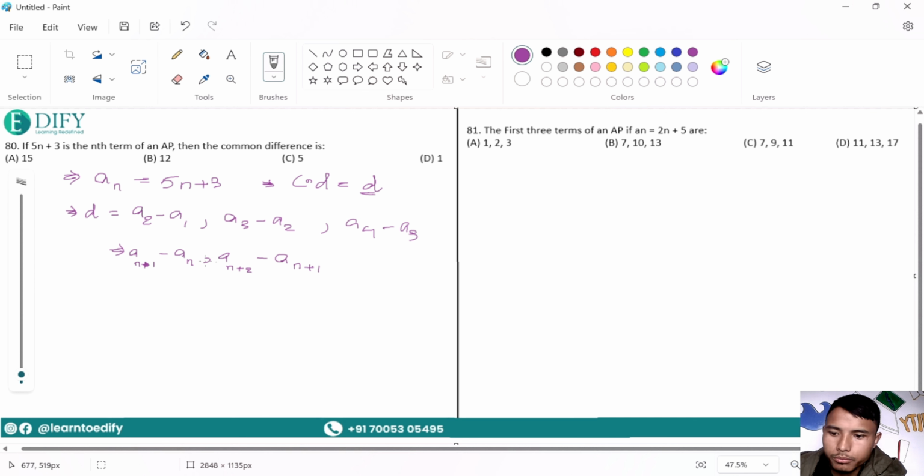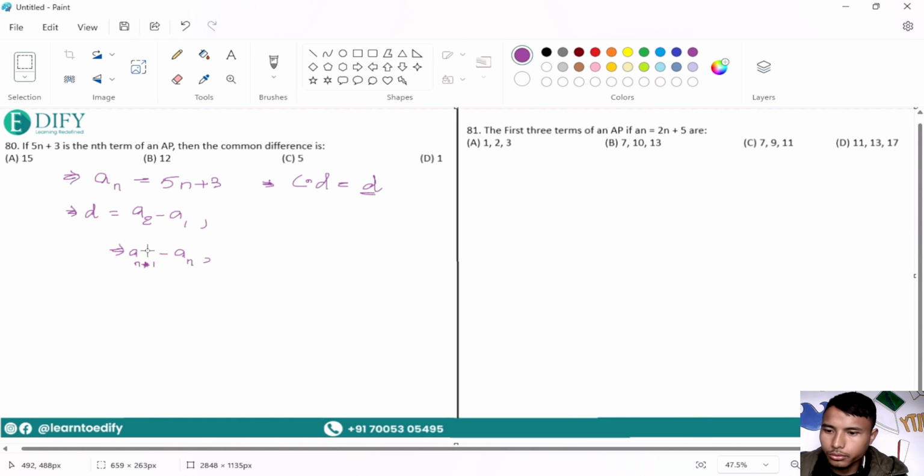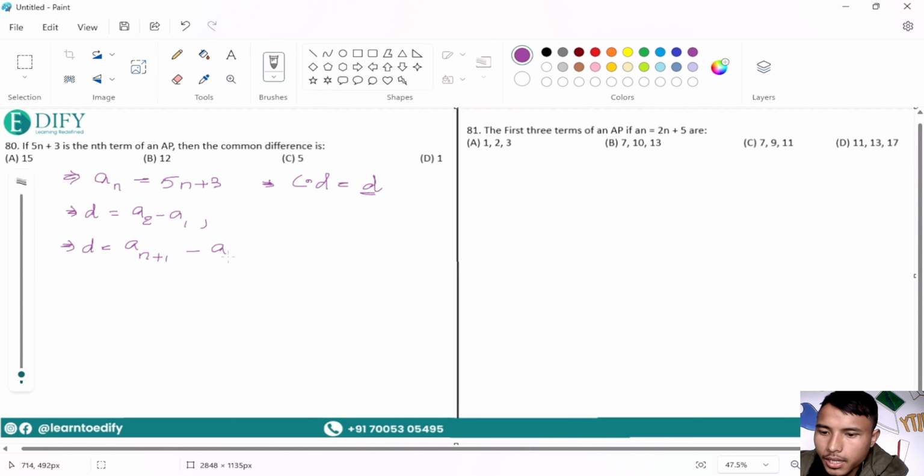So we take the first one, a2 minus a1. So d is equal to an plus 1 minus an. Here for n we put 1, so 1 plus 1. Now what about an plus 1?